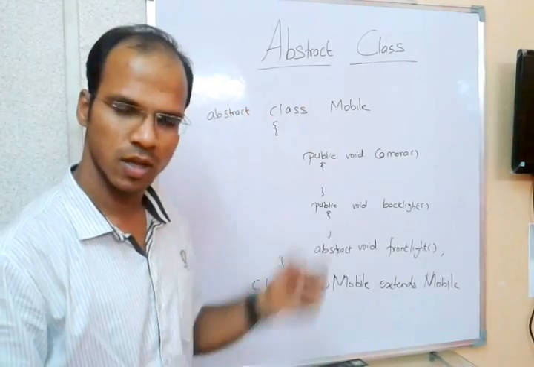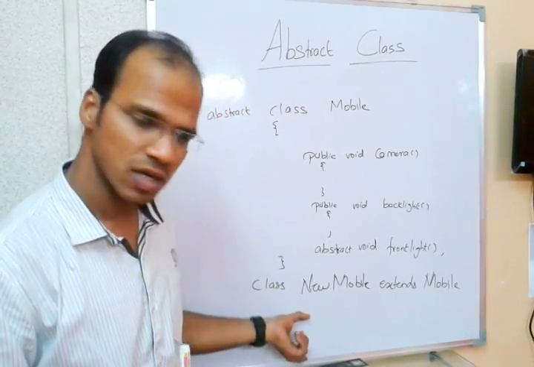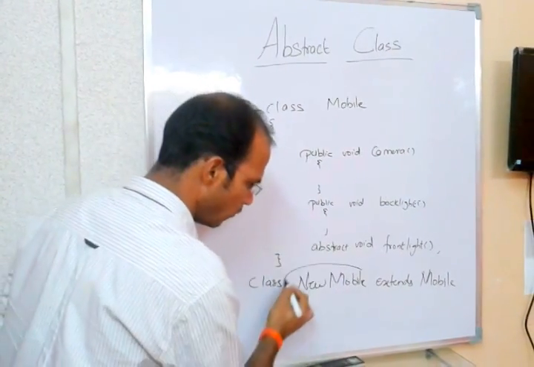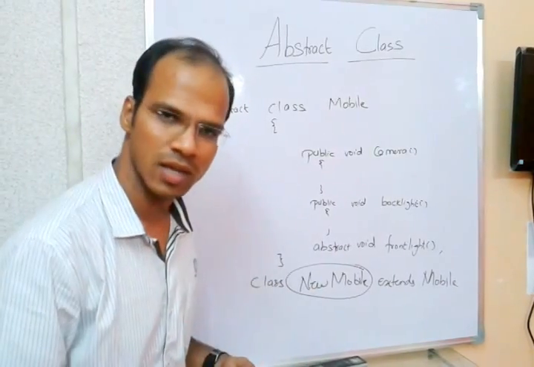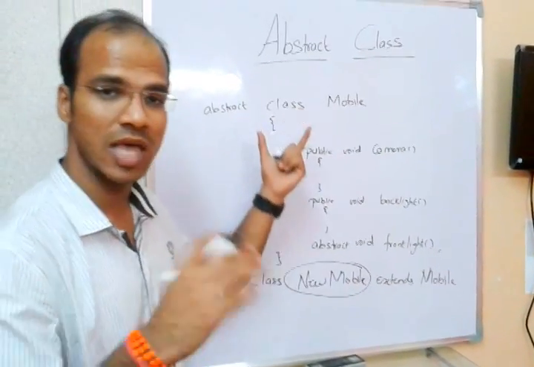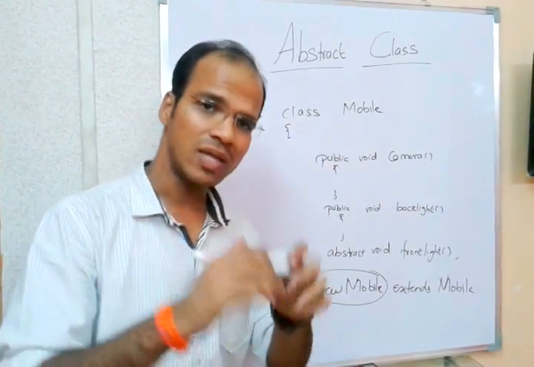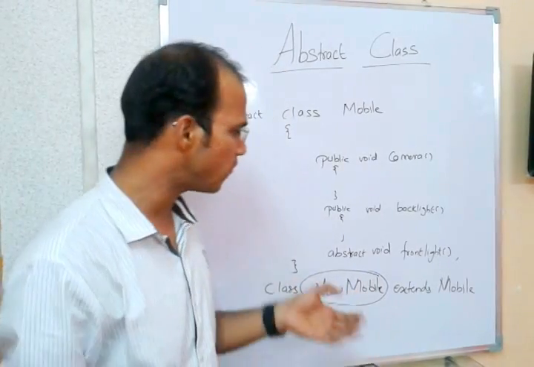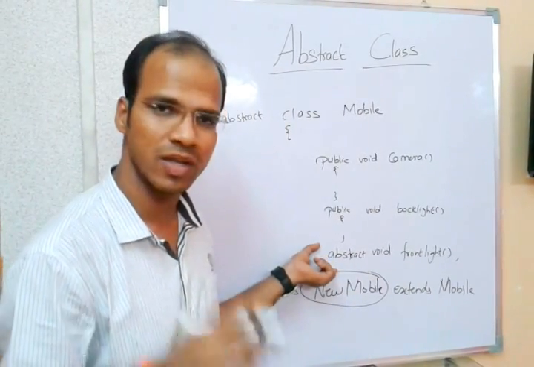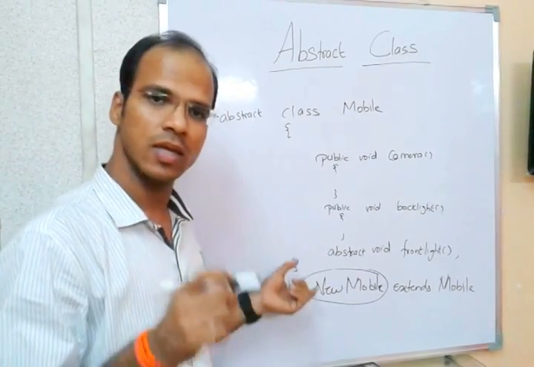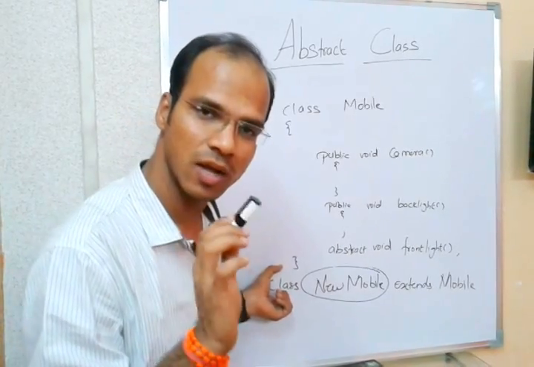When you define all these methods, this class will be called a concrete class, and the other is called an abstract class. If you fail to define this front light method, this class also becomes an abstract class.